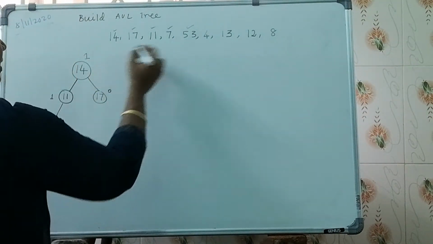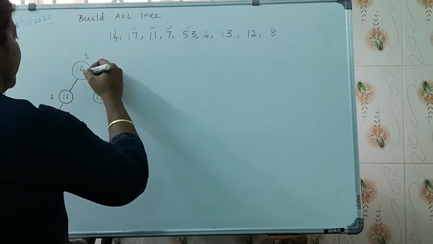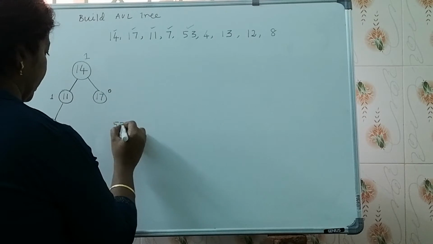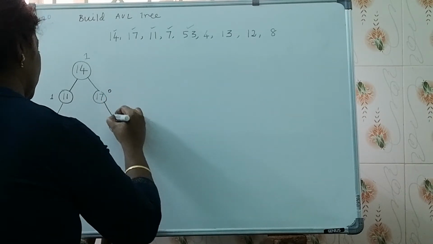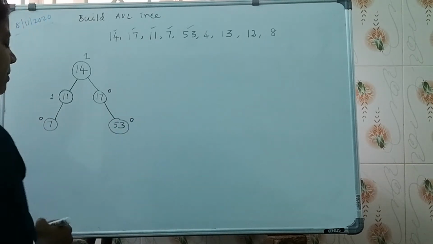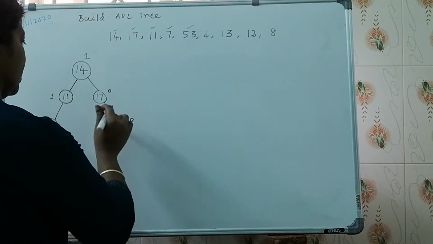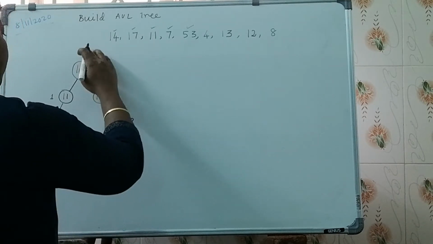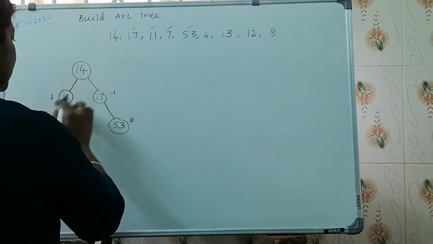Now let us take another node insertion, which is 53. Let us see where that 53 goes. 53 is larger than 14 and then 53 is larger than 17. So after inserting, calculate the balance factor: for 53, 0. Now this is minus 1, and for this the height is balanced, right?